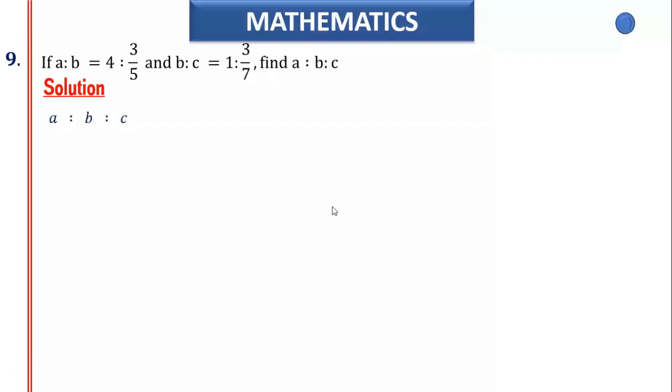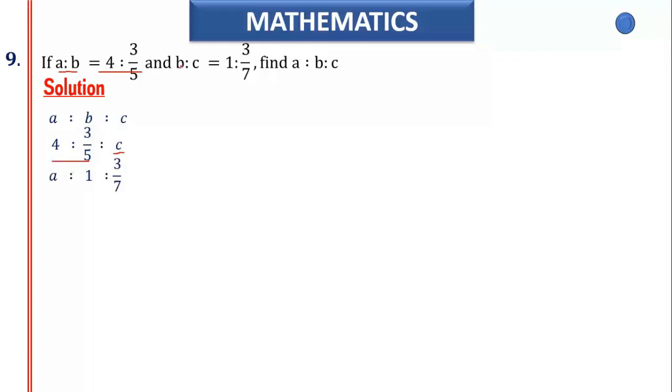The one I will be working with here is, number 1, you place each of them under the respective ratio. For instance, A ratio B is 4 ratio 3 over 5, so you put it here as it is. Now the third ratio does not have a value, so you leave it like that.